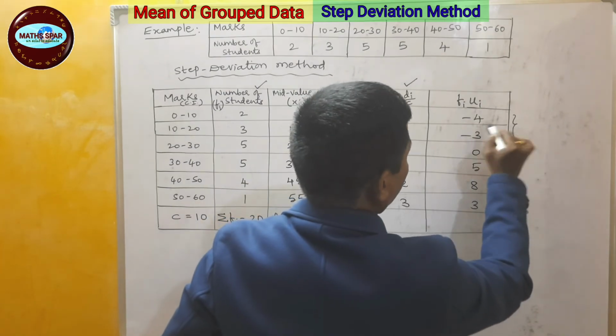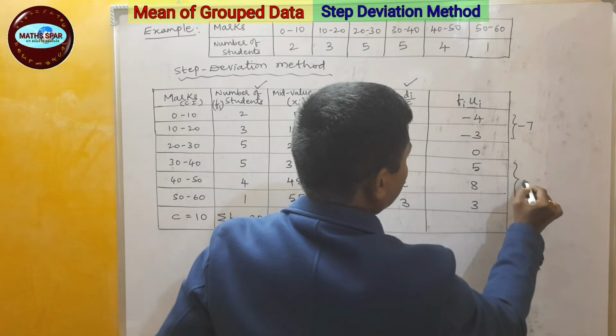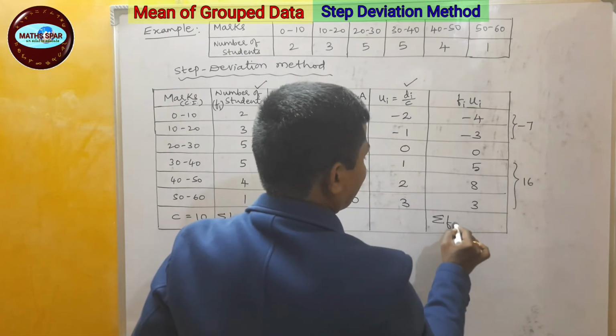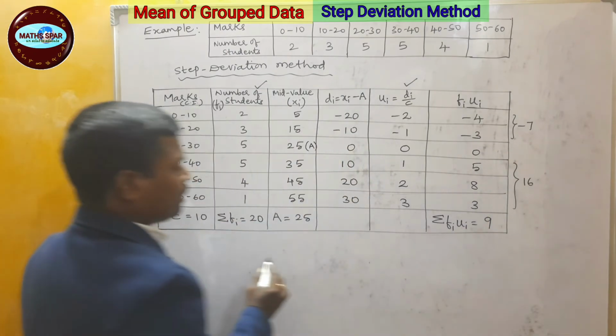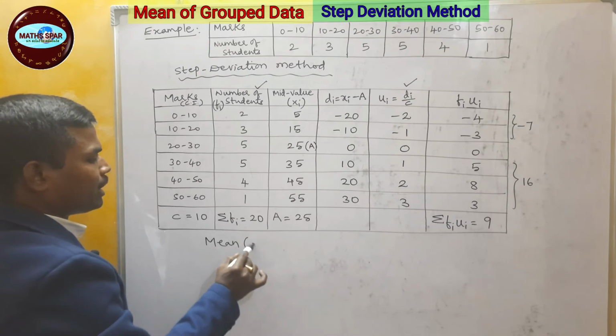Now if you add minus 4 minus 3, it is minus 7. Then if you add these three, it is plus 16. So sigma fi ui is 16 minus 7, that is 9.